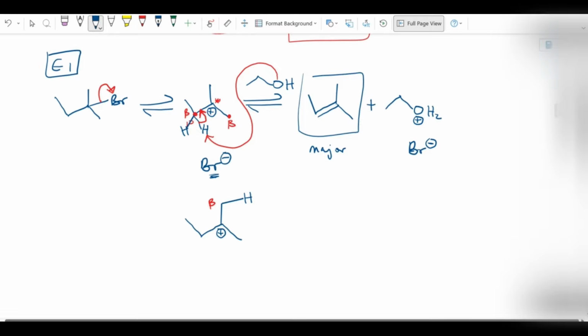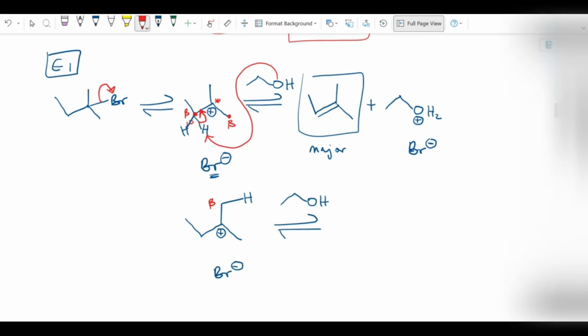So the base will pull off a proton from that beta carbon. So let's say the first step of the mechanism has already taken place.